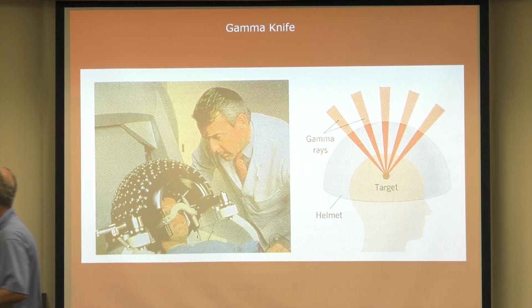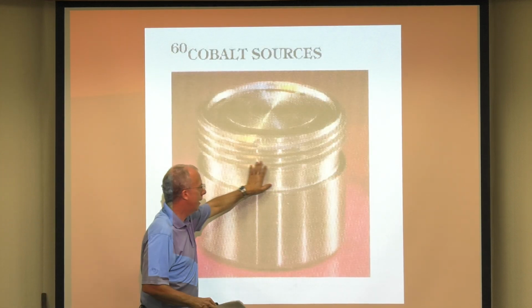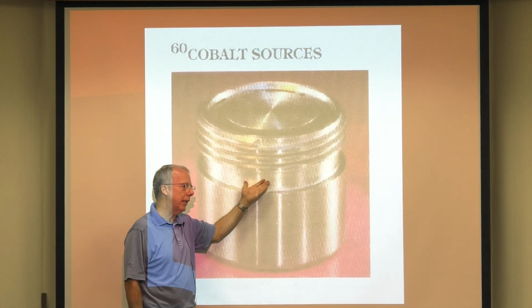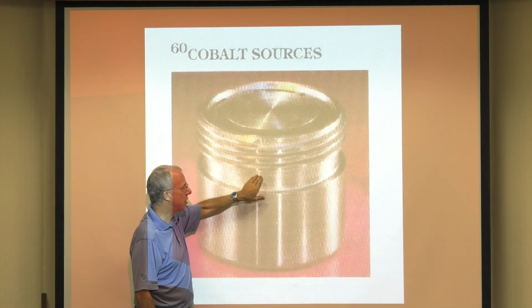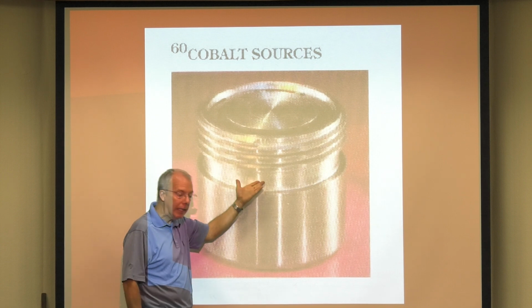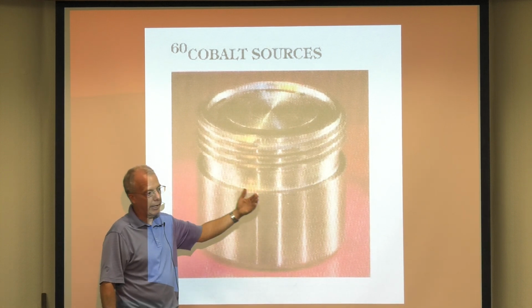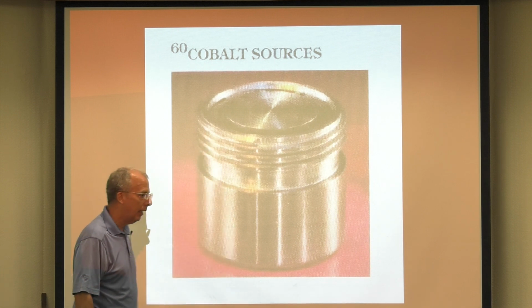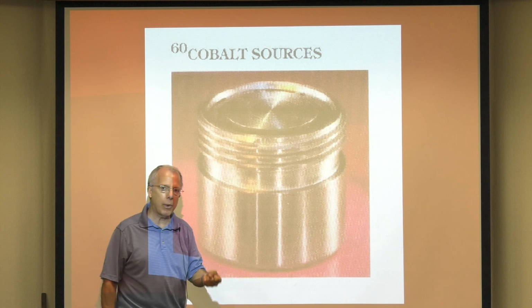But here's the thing: it's a sealed source. The cobalt-60 is a doubly encapsulated stainless steel thing, and the radioactive cobalt-60 is inside this. This thing is emitting gammas, and the gammas penetrate the stainless steel like nothing. All I'm saying is you're never going to touch the actual radioactive material.